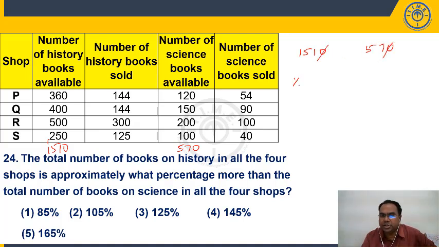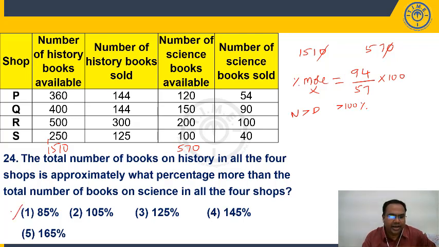So percentage more. What is the difference here? If it is 51, then obviously it will be 100. It is 57, so you have to remove 6 more, so it is 94. By the lesser value: 94 by 57 into 100. Now clearly if you see the numerator is more than the denominator, my value will be more than 100%.